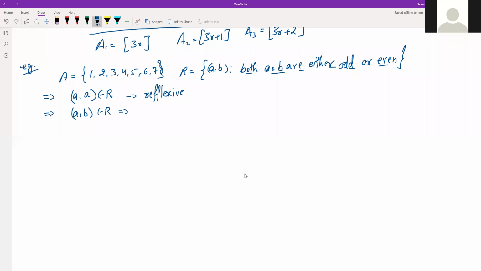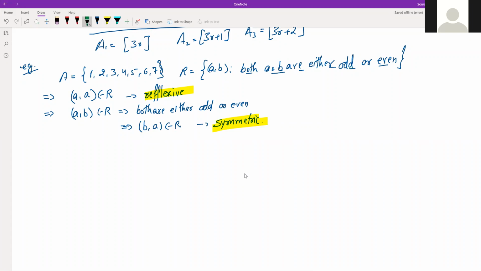Both a and b are either odd or even. So this also means that (b, a) belongs to R. So this makes it symmetric. So we have proved that this is reflexive and symmetric.